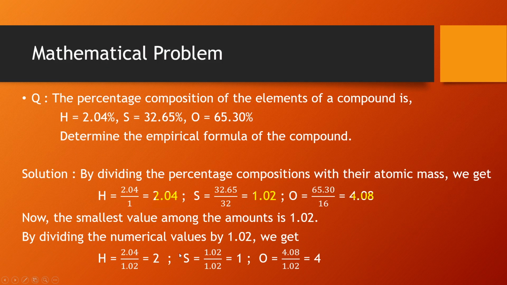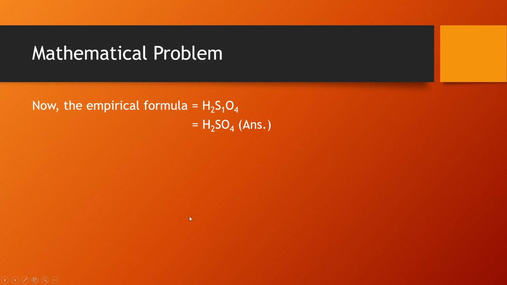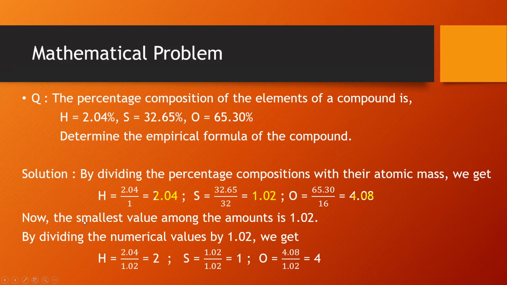Now we can see that all of the values obtained from percentage compositions are divided by the smallest value obtained. So now we can obtain a definite numerical value. These values give the empirical formula of the compound: for hydrogen we have obtained 2, for sulfur we have obtained 1, and for oxygen we have obtained 4.